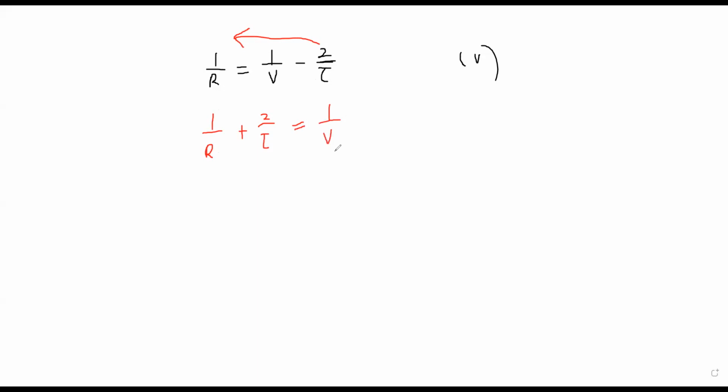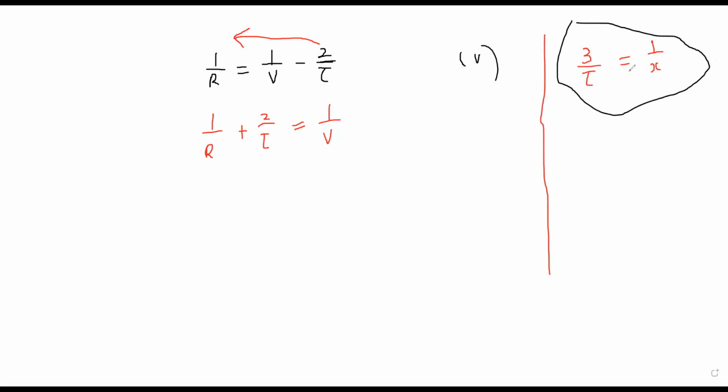We want 1 upon v. So what we need to do, right? Let me show you guys a technique. If we have 3 upon t, and here I have 1 upon x, and they ask me, listen carefully, to make x the subject in this case, all I could do is flip both sides.